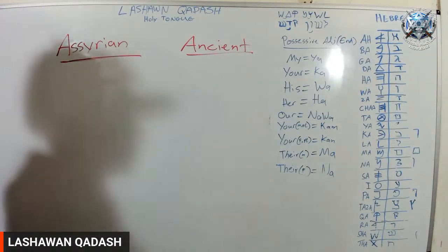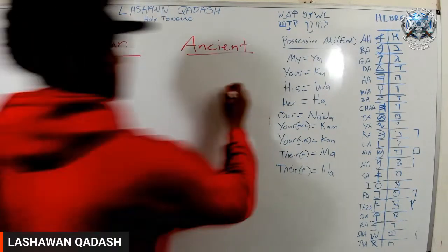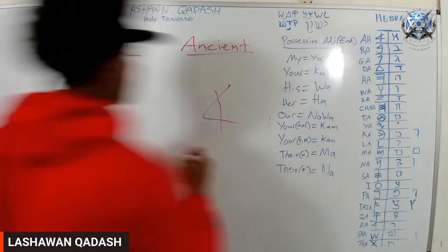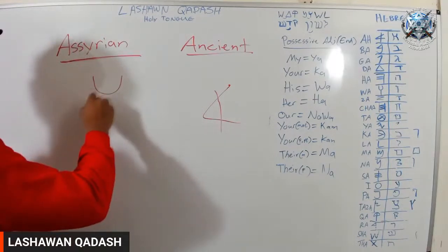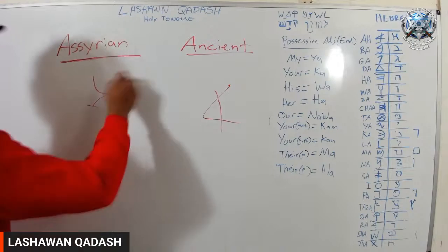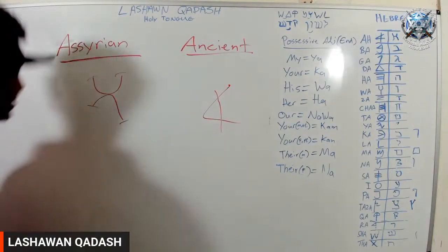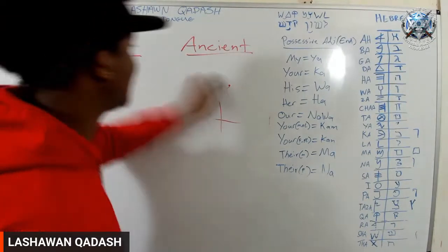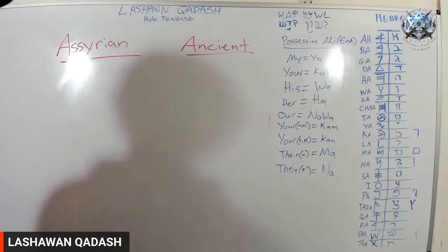All right, let me get the letter Ah. Okay. You can erase that. Next one is Sa.